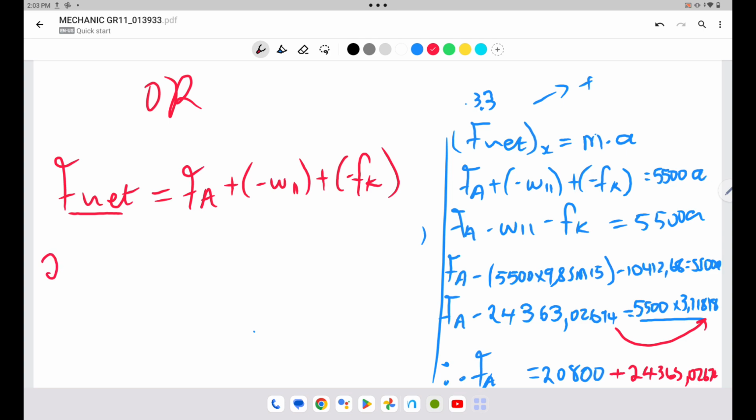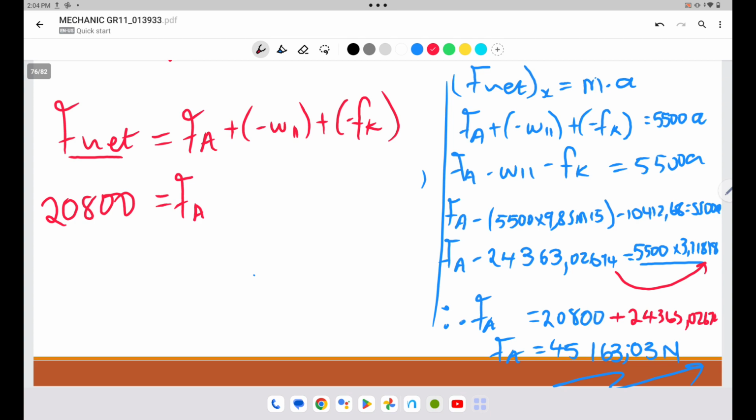This, we already have from the statement. 20,800 is equal to, this is what we are looking for, minus the parallel component minus the kinetic frictional force, which we had from the previous question, 412,68.